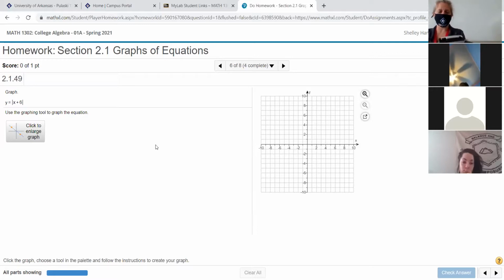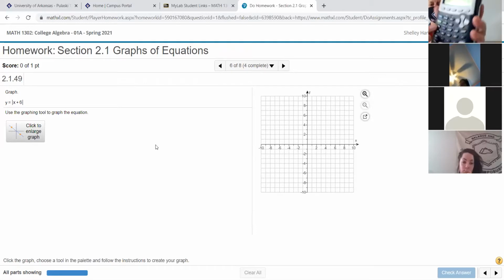So what I need to do, again, is go to y equals and clear it out. I need to type in those absolute value bars.